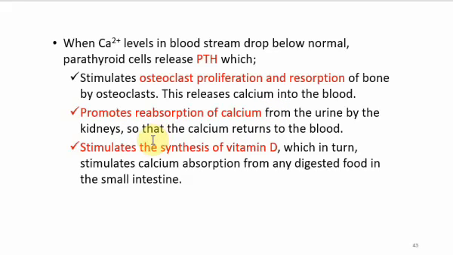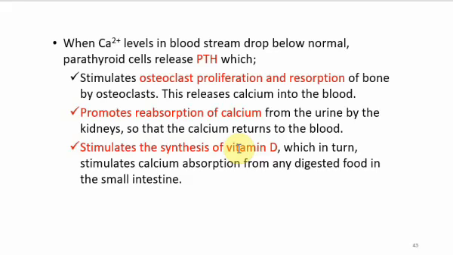Lastly, parathyroid hormone will stimulate synthesis of vitamin D. Now, the role of vitamin D is to increase the absorption of calcium ions from your gut. Remember, when you eat food that has calcium, the calcium ions need to be absorbed into your bloodstream from your gut.